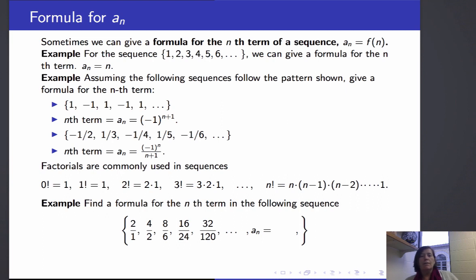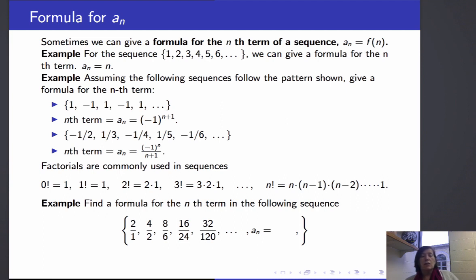So let's look for a formula for the nth term of the following sequence. You might guess, because we've just looked at factorials, that it has something to do with factorials. You need to be used to calculating factorials to realize that they're involved. 2 factorial is 2, 3 factorial is 6, 4 factorial is 24, 5 factorial is 120, and a1 here is 2 over 1, a2 is 4 over 2.